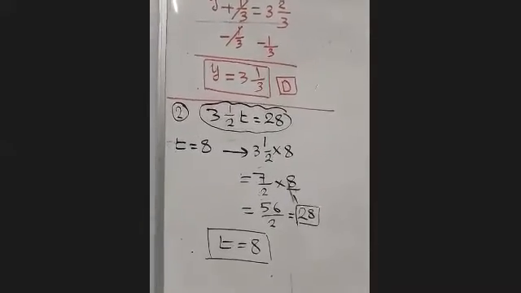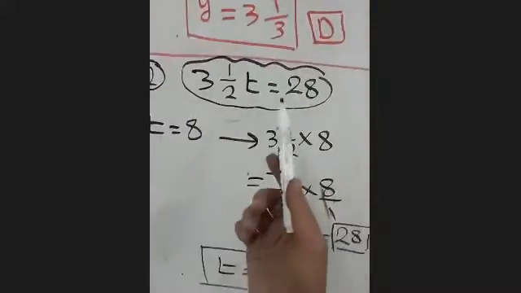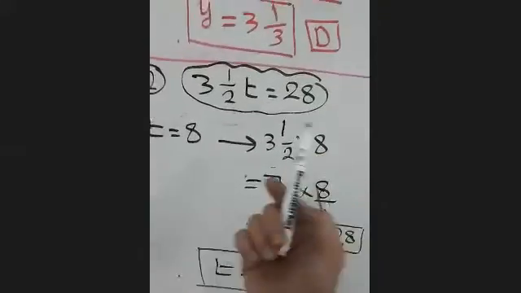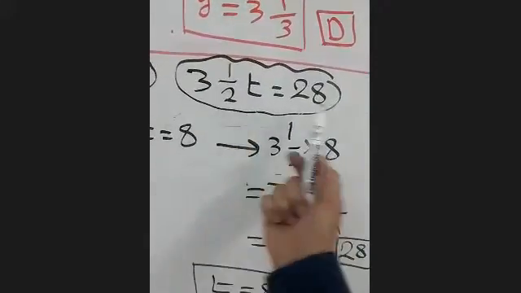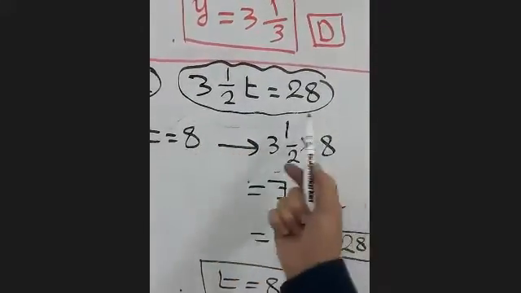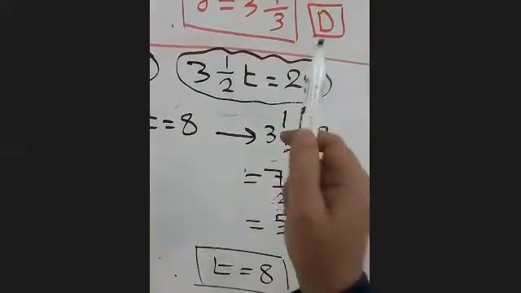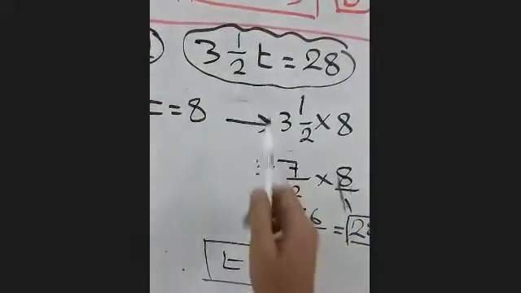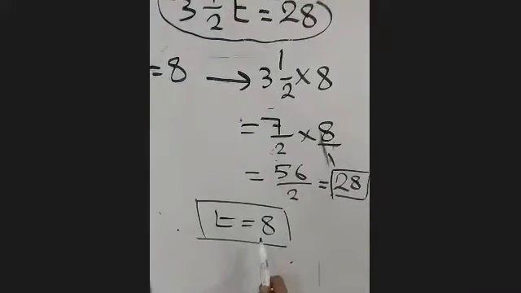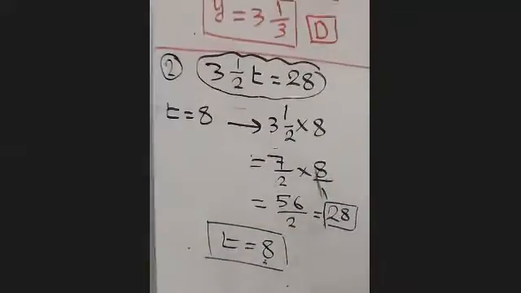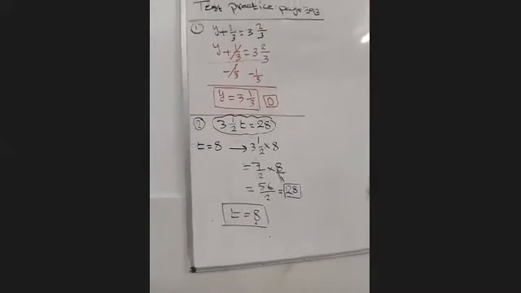Now, if we solve this equation, because we have multiplication, we can solve it by dividing both sides by 3.5. If you divide 28 by 3.5, the answer is exactly 8. Do you understand?